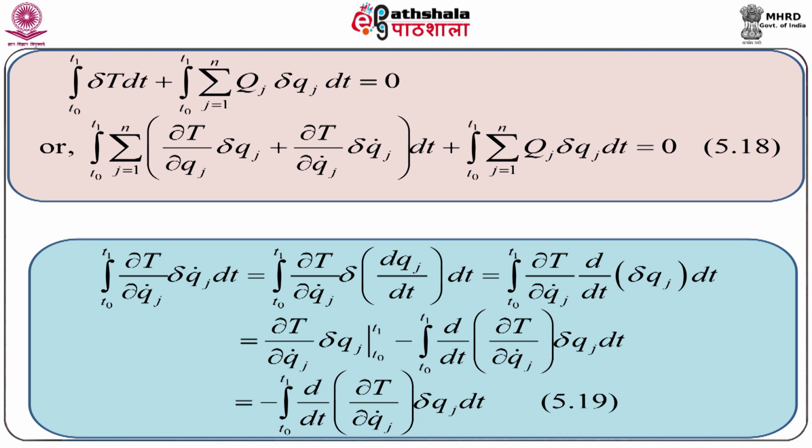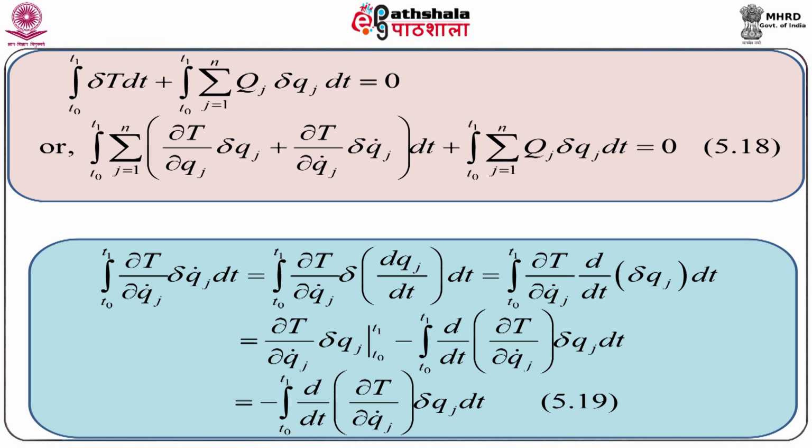If we interchange delta and ddt operation, then we have integration T0 to T1 del capital T del Qj dot delta Qj dot dt equal to integration T0 to T1 del capital T del Qj dot ddt of delta Qj dt equal to del capital T del Qj dot delta Qj at T0 and T1 minus integration T0 to T1 ddt of del capital T del Qj dot delta Qj dt. We have used integrating by parts.